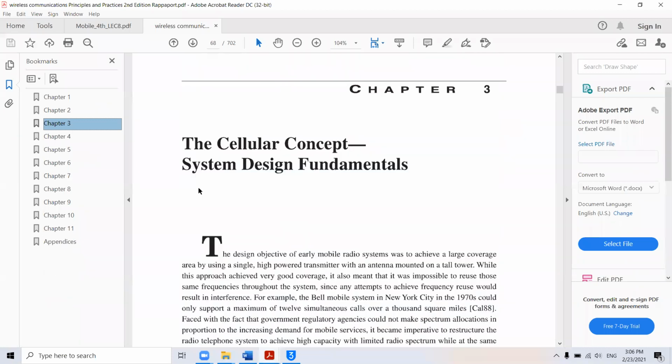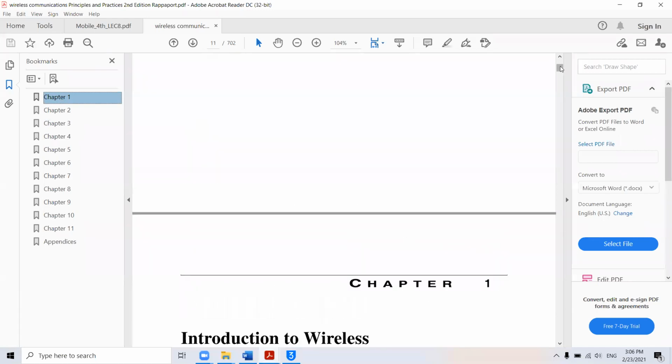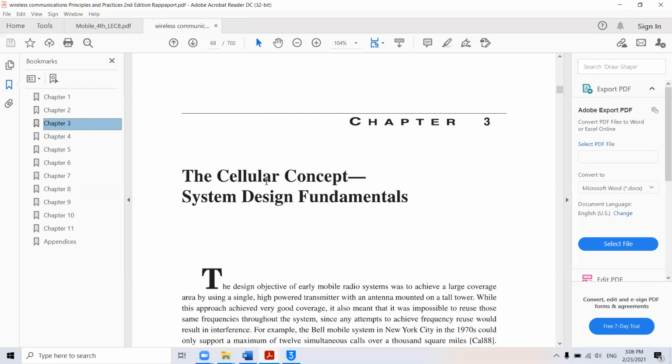Okay, the textbook, your textbook: Wireless Communications Principles and Practice, second edition, Theodore S. Rappaport. We have covered chapter 1, and by now we have dealt with about 60% of this chapter again.